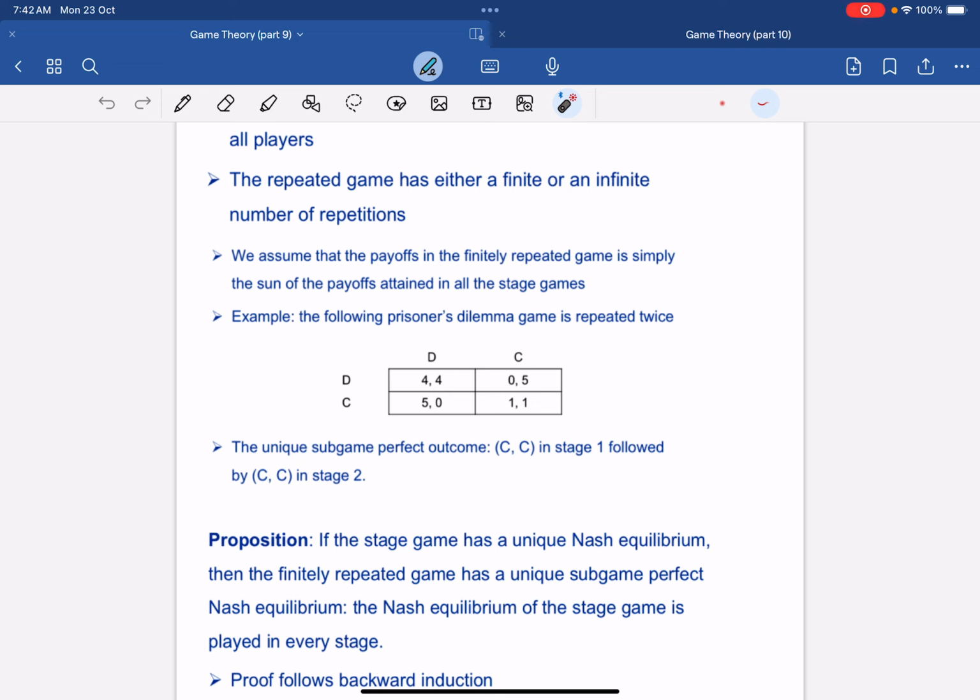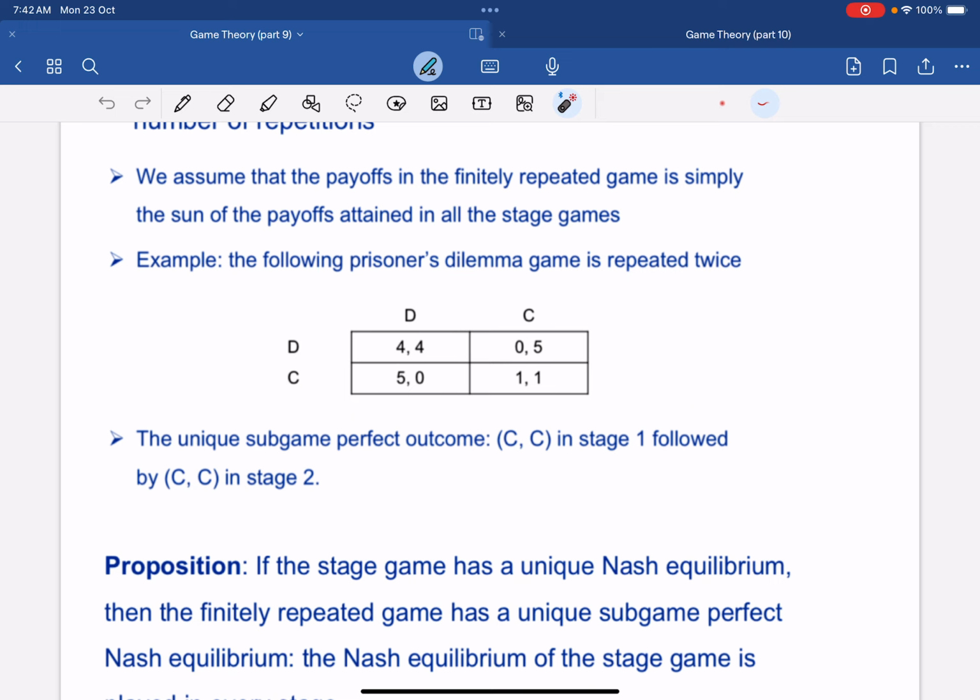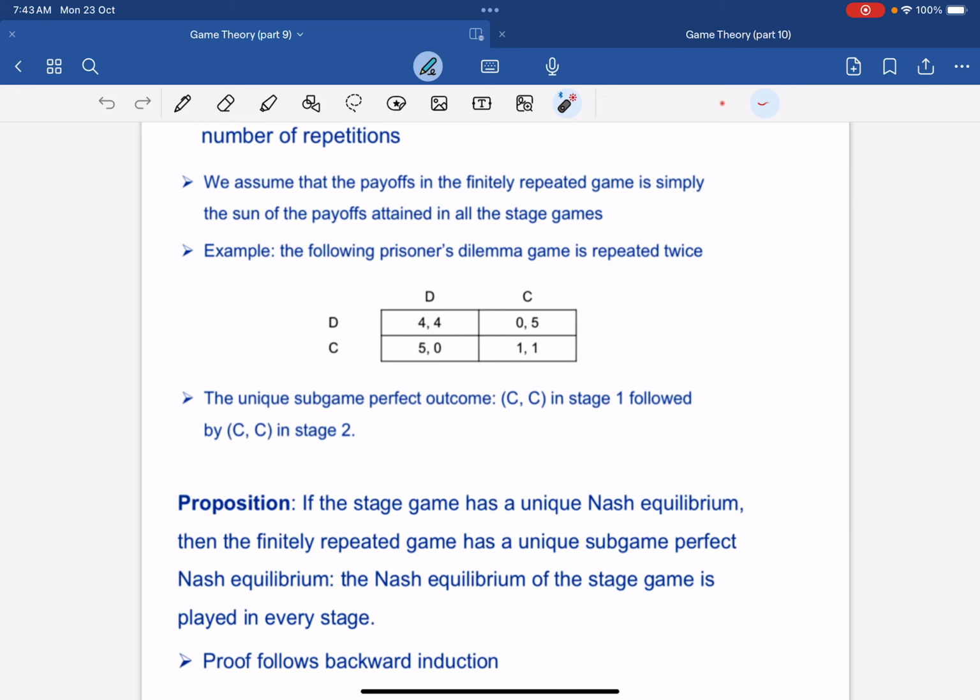We can see that in this repeated prisoner's dilemma, the SPNE will be taking CC in stage 2 and CC in stage 1. Why? Because CC is the Nash equilibrium for this game, even if it's repeated twice.